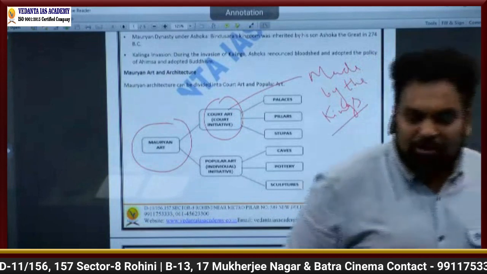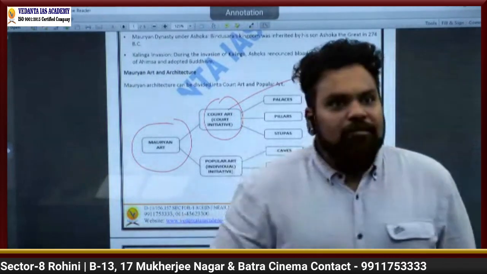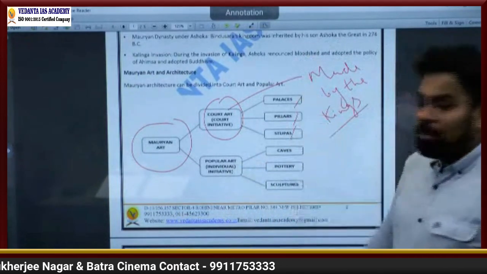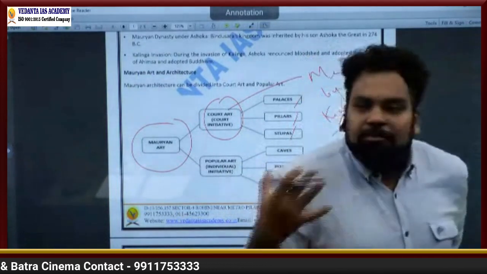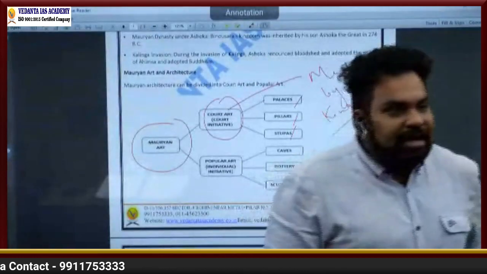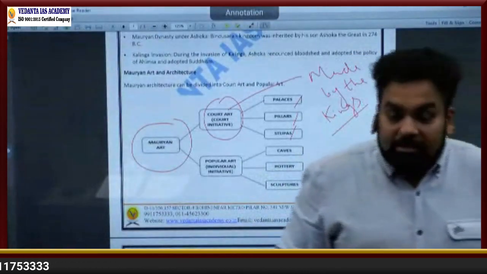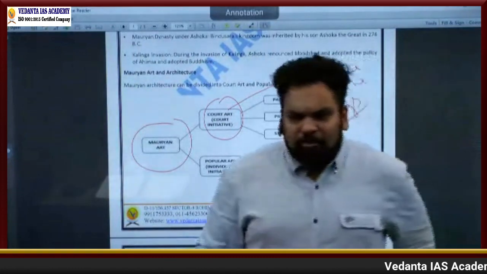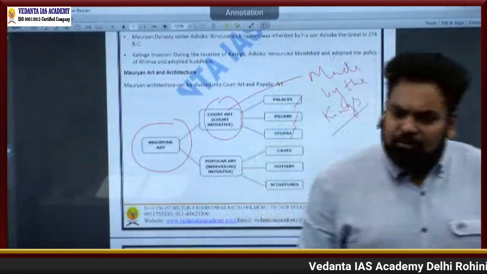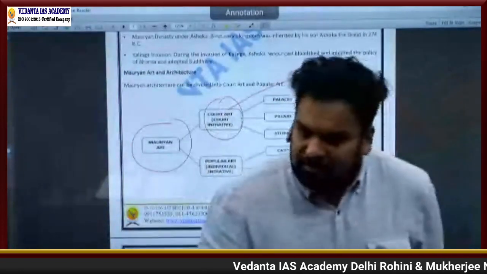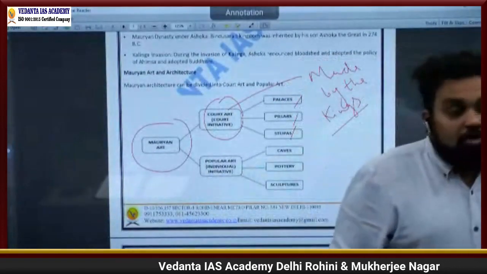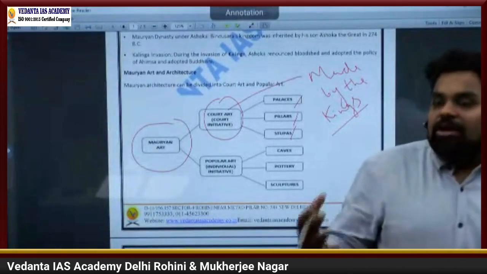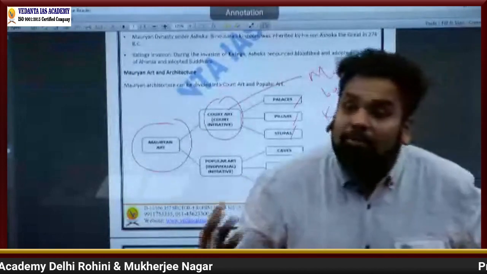और जो court art होती है basically, that is very very huge in nature. Palaces, pillars, stupas. देखिए stupas जो है फिर भी common लोग बना लेते हैं, लेकिन जो palaces हैं खासकर, they are actually made by the kings. Do you think Red Fort could have been made by any common person or any common rich person? It cannot be made because it requires lots and lots of labor mobilization. It requires lots and lots of raw material.